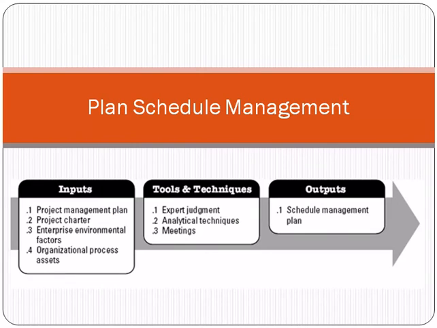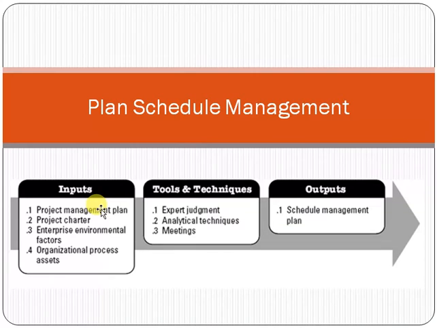Now if we see, as per the PMBOK, plan schedule management is a process, and there are some inputs, tools and techniques, and outputs. Friend, this is a PMBOK definition, Project Management Body of Knowledge. What are the inputs for this process?